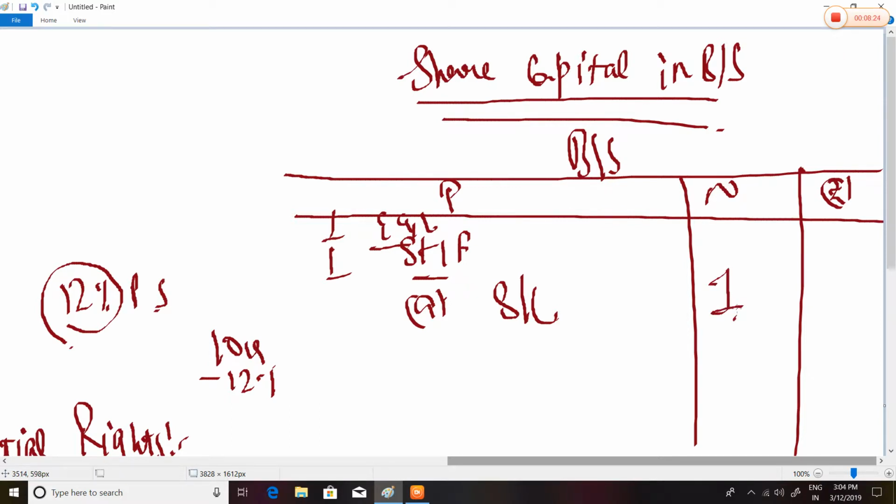While solving a question, if the question asks us to prepare a balance sheet, for share capital you have to make the notes to accounts.